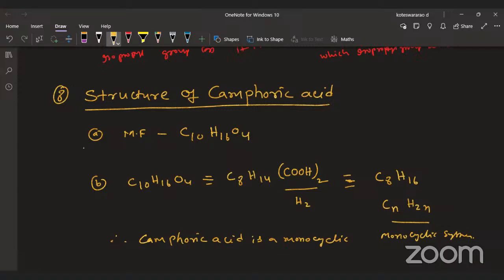Here, with 8 carbons, we cannot find the ring size in camphoric acid, so we apply other experiments.